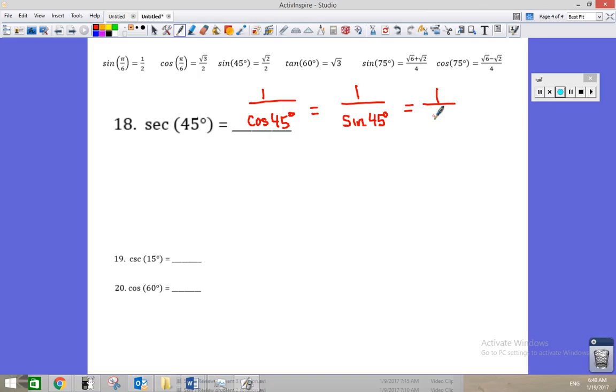So if I take the reciprocal of the square root of 2 over 2, I'll get 2 over radical 2. If you rationalize that, you get 2 radical 2 over the square root of 4, which is 2, and 2 divided by 2 is 1. So you get the square root of 2 as the final answer. The secant of 45 degrees is equivalent to radical 2.